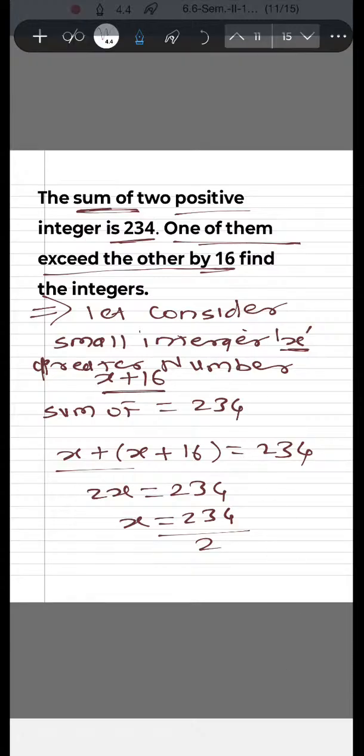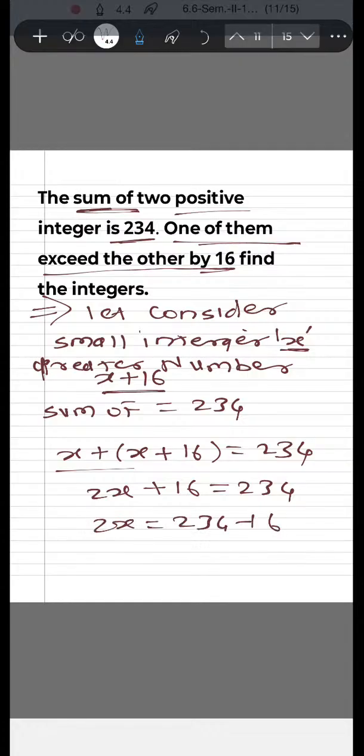Sorry, I made one mistake here. So 2x plus 16 is equal to 234. So 2x is equal to 234 minus 16, which is equal to what? 2x is equal to 234 minus 16, which is equal to 218.